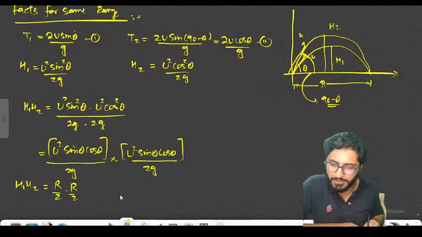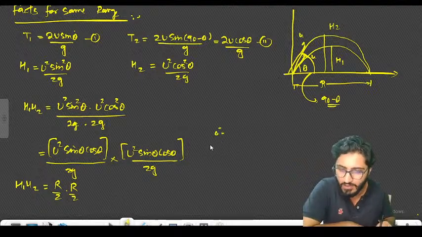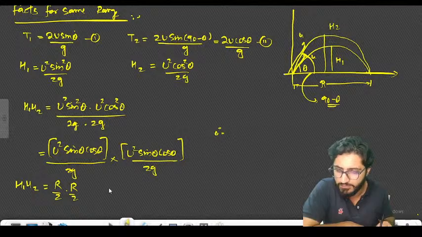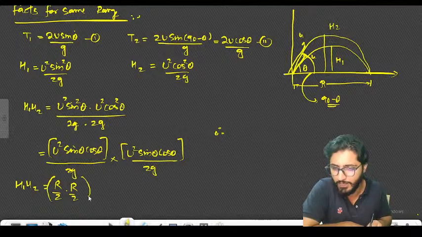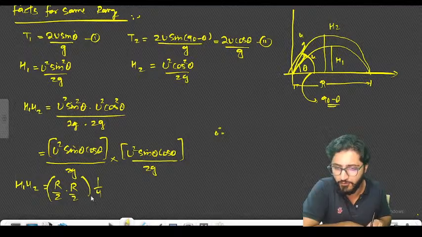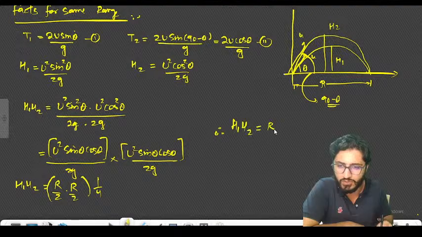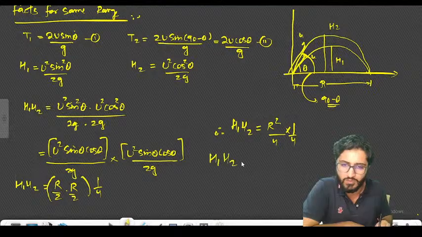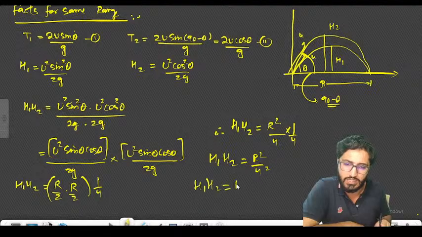This is my R by 2. So therefore h1 h2 is equal to R square by 4 multiplied by 1 by 4, so h1 h2 came out to be R by 4 whole square.